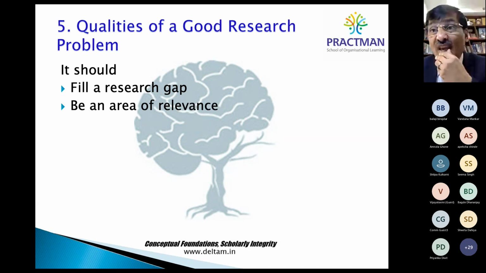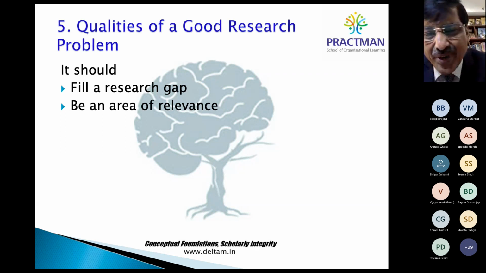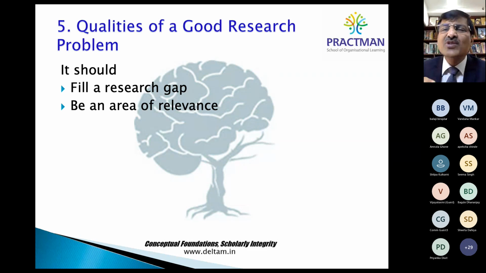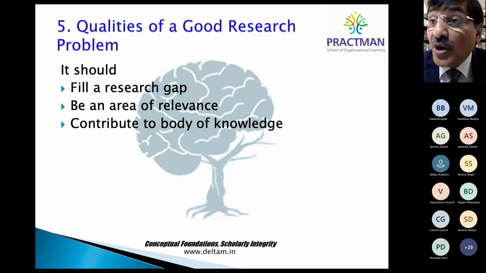Second, it should be an area of relevance. It should be an area which will be of importance, at least to practitioners or to academicians or to society or to government. If it is an area which is of relevance only to one particular company or one particular dealer or only you, then that is not a PhD problem. Third, it should contribute to the body of knowledge.